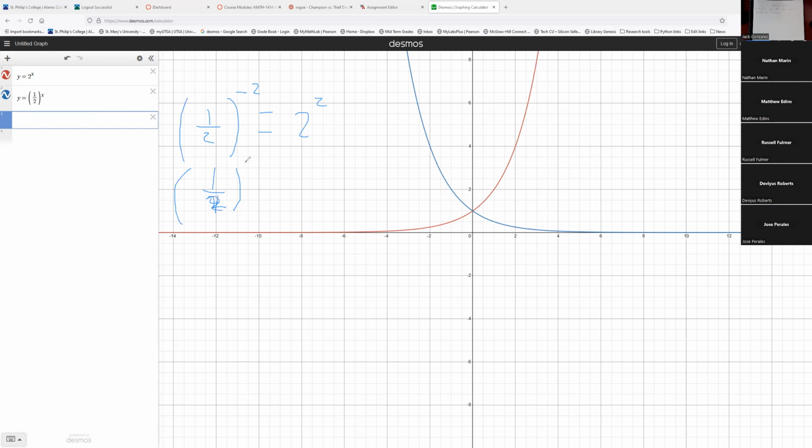If I put a -7, well, that's just going to be 1/2, it'll simply be 2 to the 7. That's why it's growing quickly in this direction.